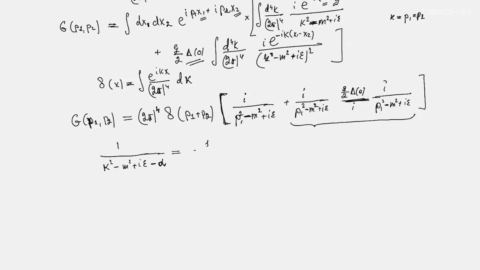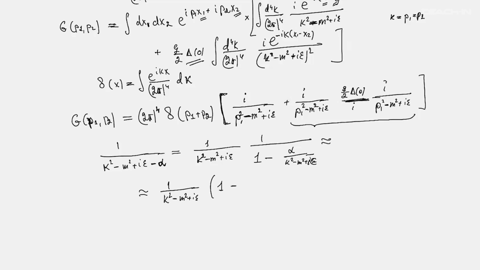And then I will be left with 1 minus alpha divided by k squared minus m squared plus i epsilon. And then using the fact that alpha is small, I can expand it as a geometric series and leave only the first term. So I will get 1 plus alpha divided by k squared minus m squared plus i epsilon, and I drop all higher order terms in alpha.